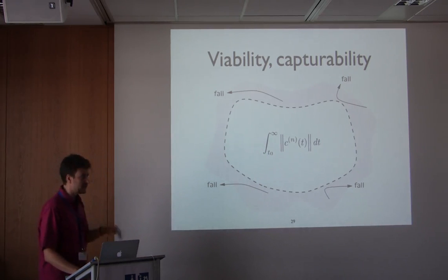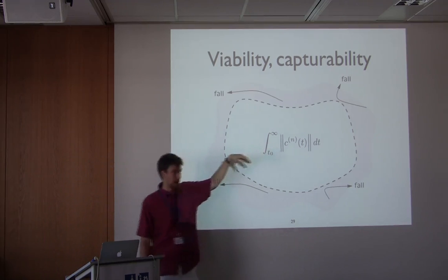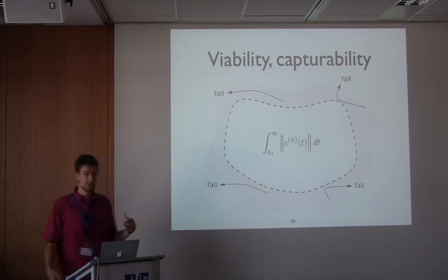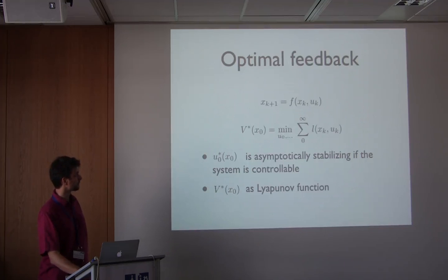And since it decreases, if it was finite, it will stay finite. So if you manage to have a controller which continuously minimizes this and keeps it decreasing, you will stay stable. You are going to avoid falling. So optimal control will be an option.